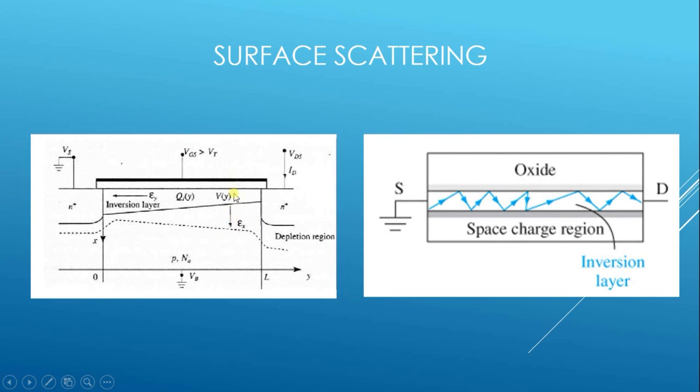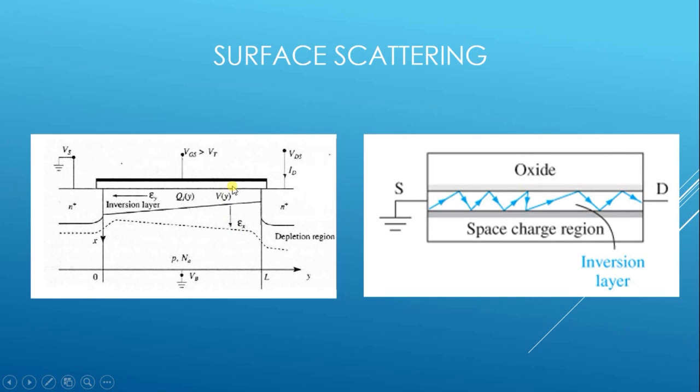EX is the vertical field generated because of the VGS, and EY is the electric field generated by VDS. For now, let's ignore this EY and let's concentrate with EX only.